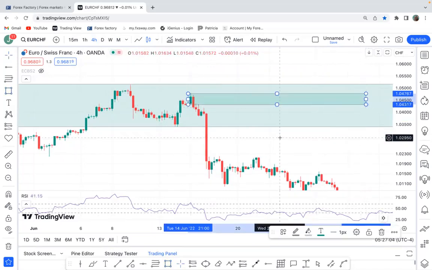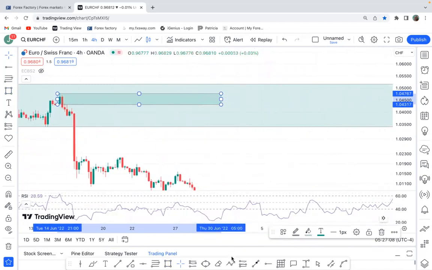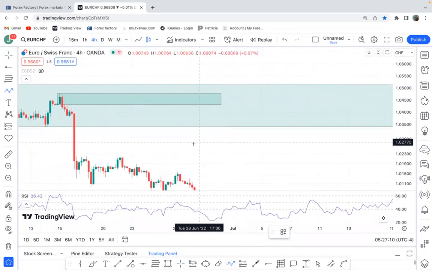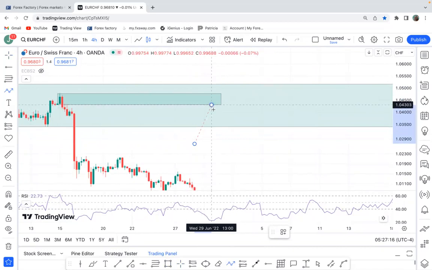So what I usually do is I wait for a confirmation before I go into a trade. If price taps into the order block, what I want to see is a change of character. So a break of structure above the first high that tapped into the zone.